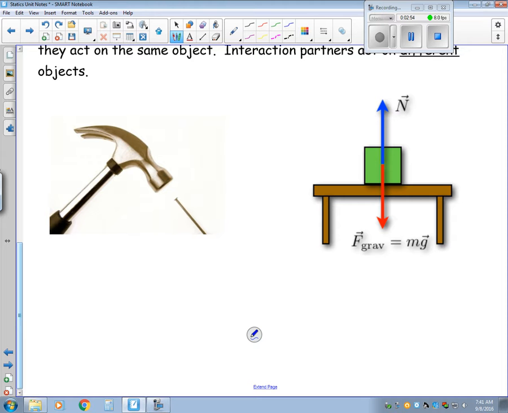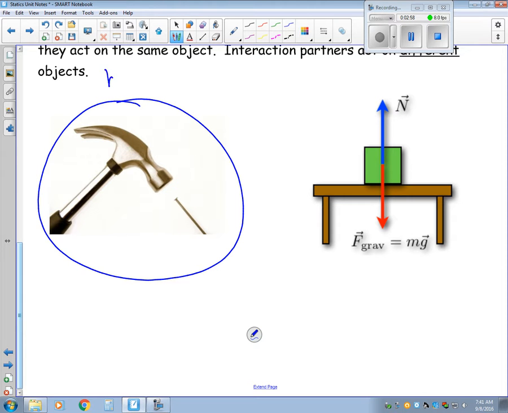Let's take a look at another system. Here, I have another system. This is the hammer-nail system.